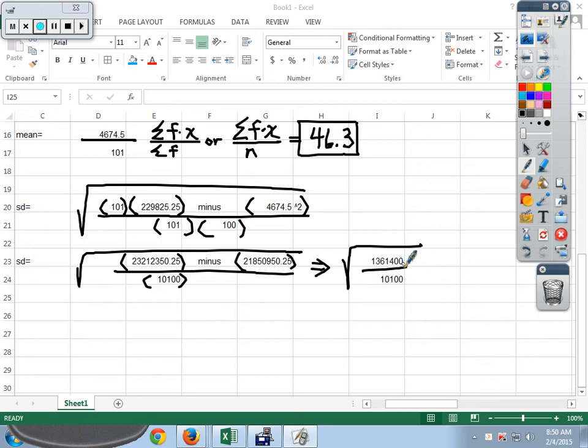And the reason I do this is for those people that don't know how to use Excel. You can just write this down in your notes and not worry about the formula anymore. That's the way you punch it in your calculator. And let's see what that equals.